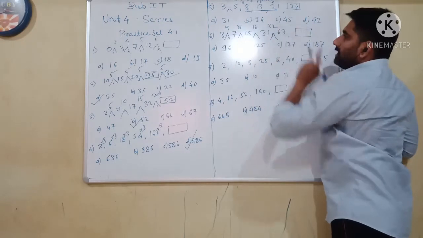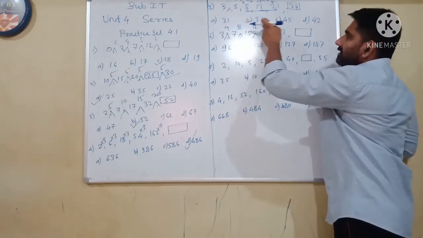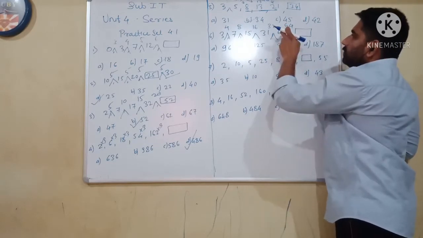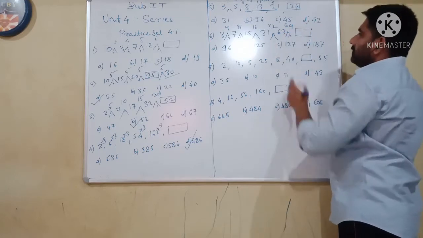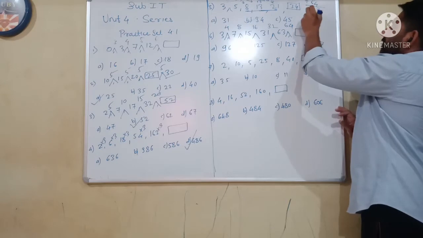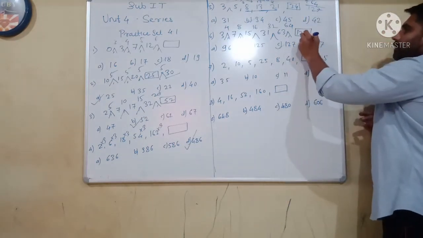So the numbers are increasing in multiples of 2: 4, 8, 16, 32. After 32 it will be 64. So 63 plus 64 is option number 3, that is 127.